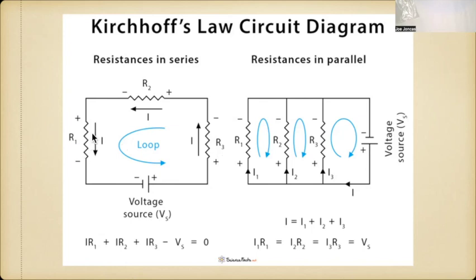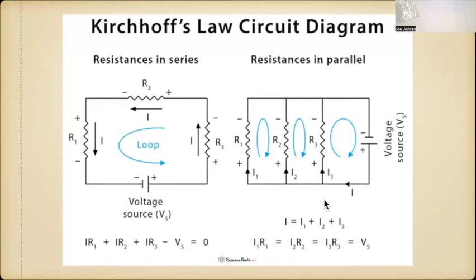So if you take IR of 1 and IR of 2 and IR of 3, you take the voltage, the voltage, and the voltage, and then you subtract the source voltage, it should come out to 0. So you've got a battery here or a voltage source, and then all of these that are in series should add up to the same voltage. And if they don't, call a few scientists and invite them in, because you just broke all the laws that God has made, and somebody's going to be unhappy.